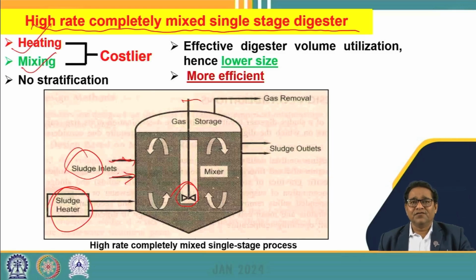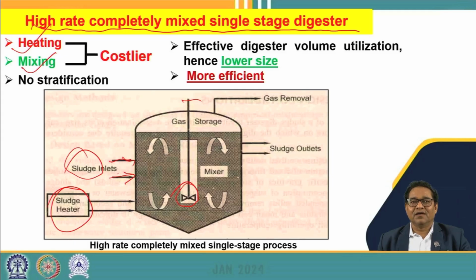The efficiency of this type of system is higher because the rate of digestion basically depends upon the temperature. If heating is done and temperature is increased, the rate of digestion will increase, and that will require a smaller reactor size and lesser detention time, which in turn results in a more efficient process.